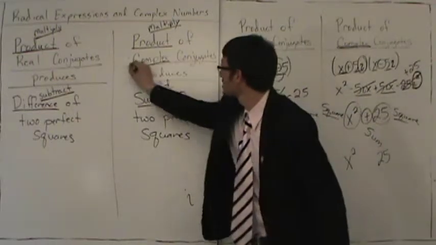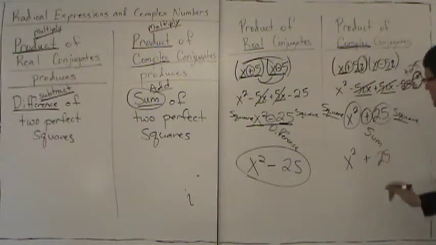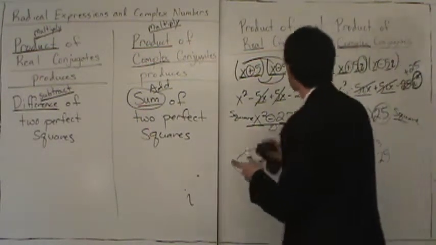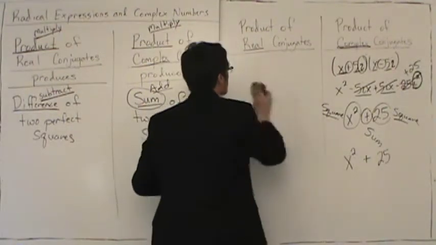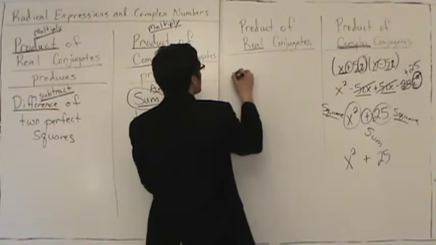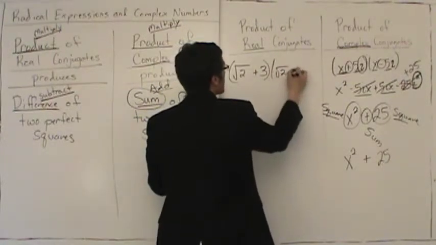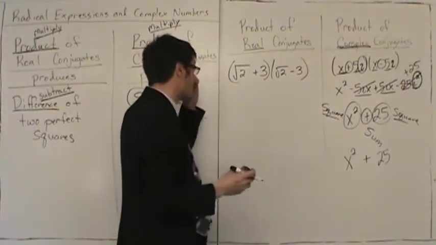Since complex conjugates produce a sum, or addition, of two perfect squares, we say that this is x squared plus 25. Now, I'm going to show you that this works with radicals. Watch. So if I write root 2 plus 3 times root 2 minus 3, and we look at this as there is no I.